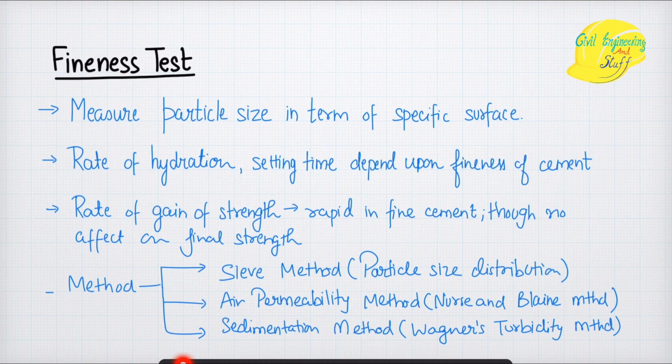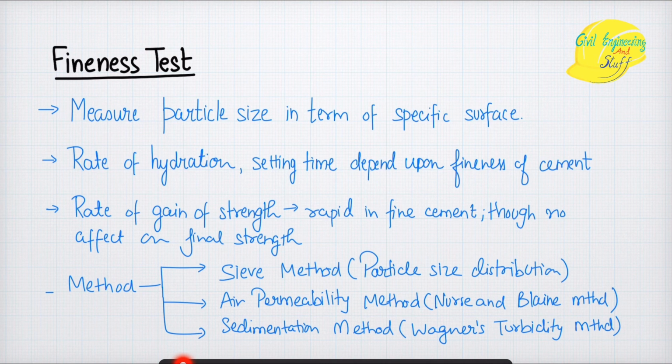Okay, after this we have the fineness test for the cement. In the fineness test, basically we assess the particle size distribution, right? We measure the particle size in terms of specific surface, and this fineness governs the rate of hydration and setting time of the cement.